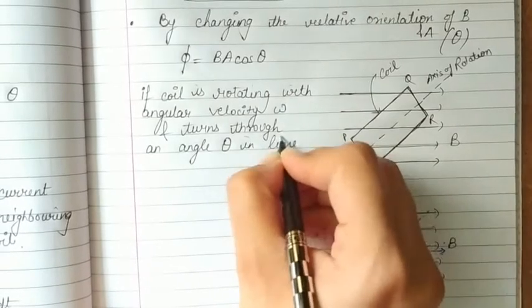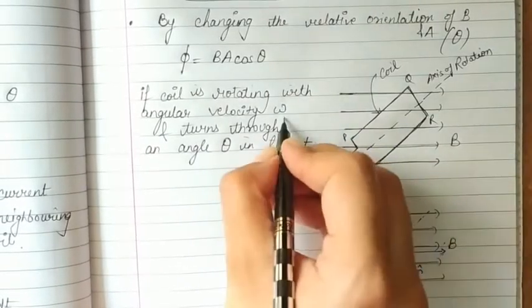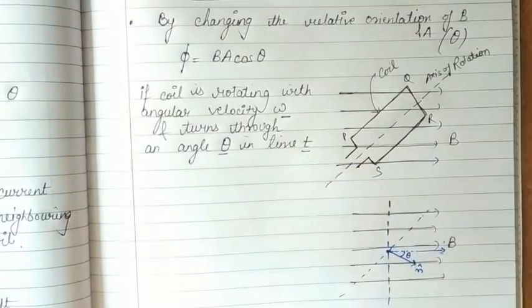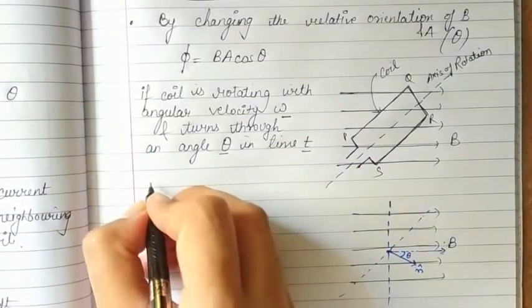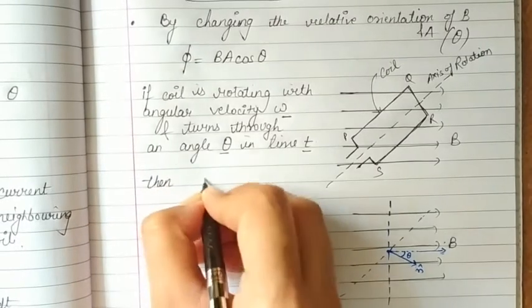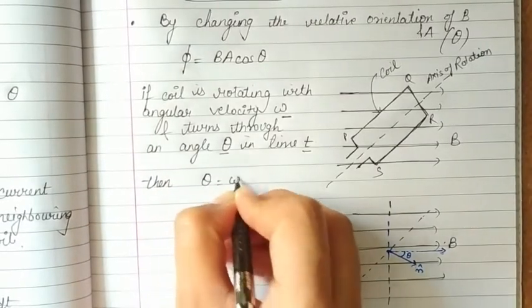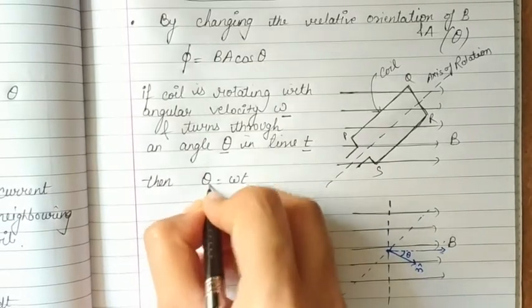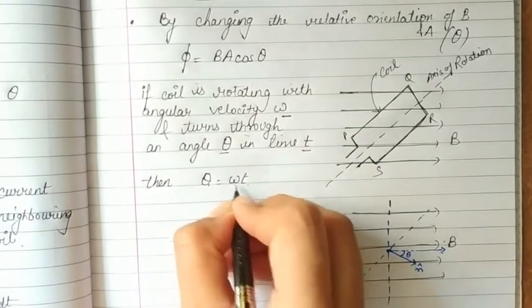So we can write theta as omega into t, that is, angular displacement is equal to angular velocity into time. So theta angle can be written as omega into t.